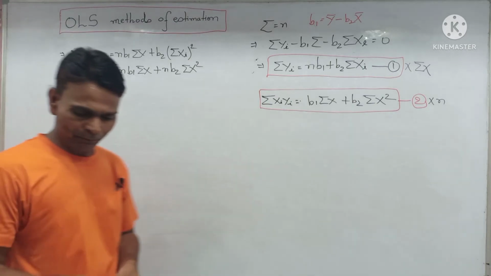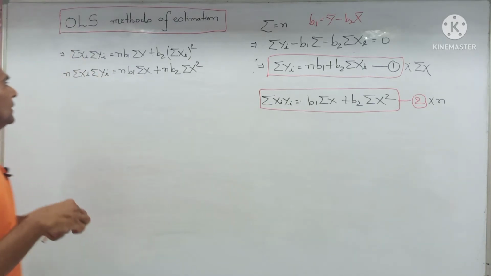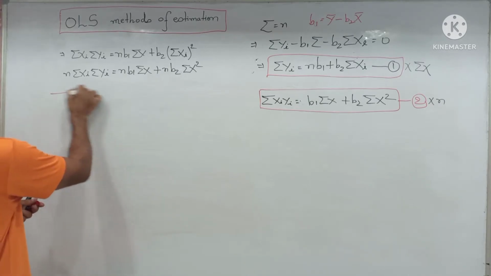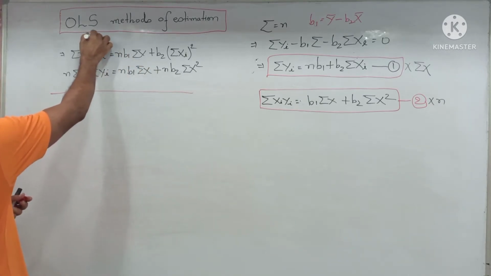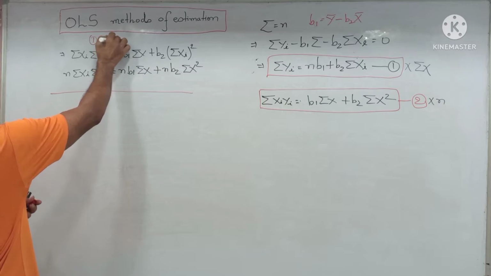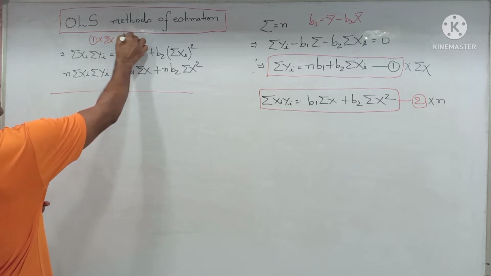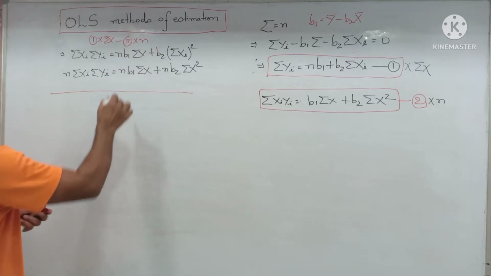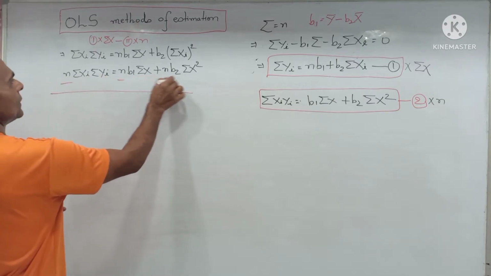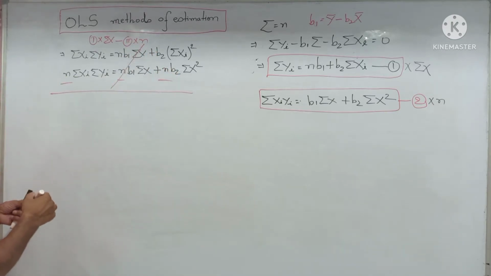Now we subtract: the first equation multiplied by summation of x minus the second equation multiplied by n. Change the sign, and the plus and minus cancel.